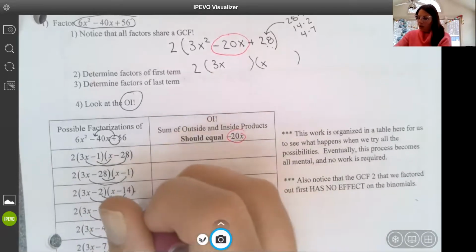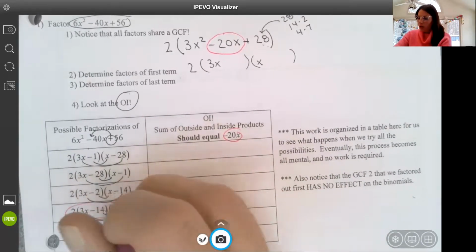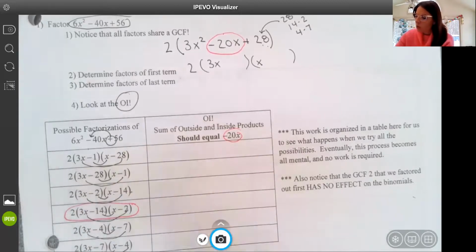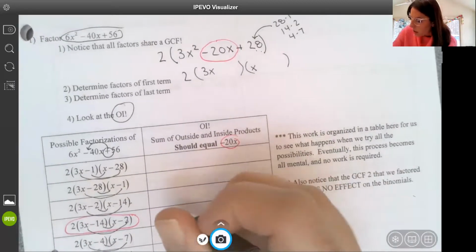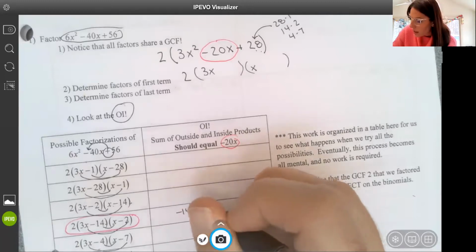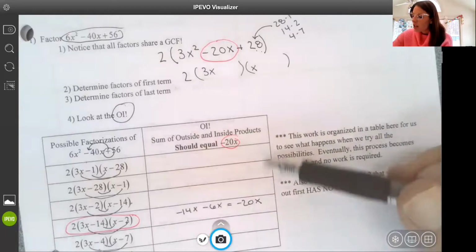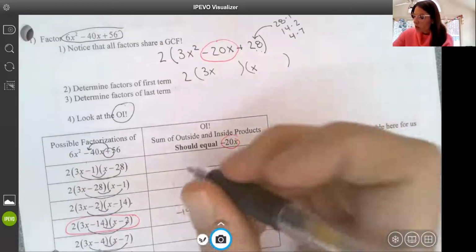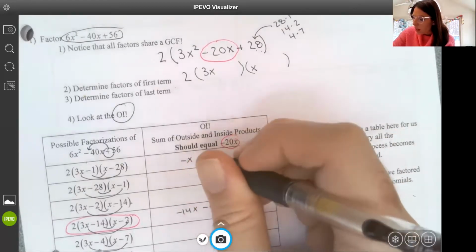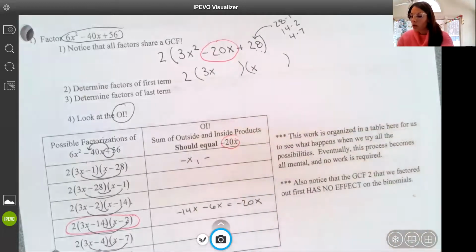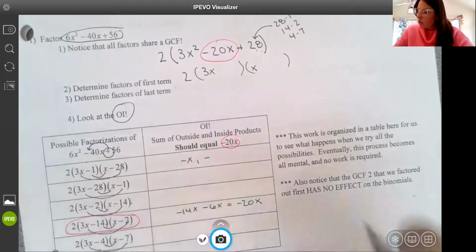And I would say right here we have a winner, right? If I were to look at the OI here, that would give me negative 14x and negative 6x, giving me negative 20x altogether. None of these other factors would work, right? This would be negative x and negative 84x.